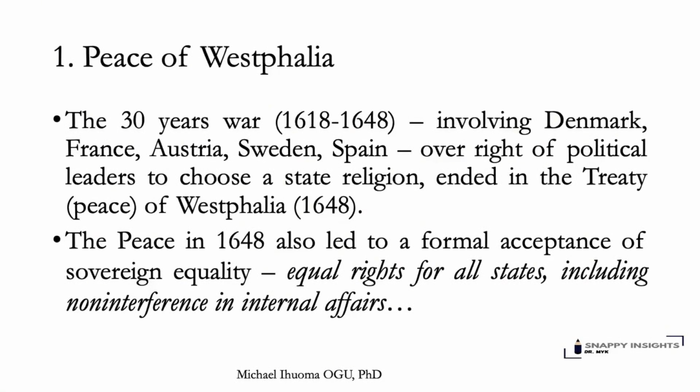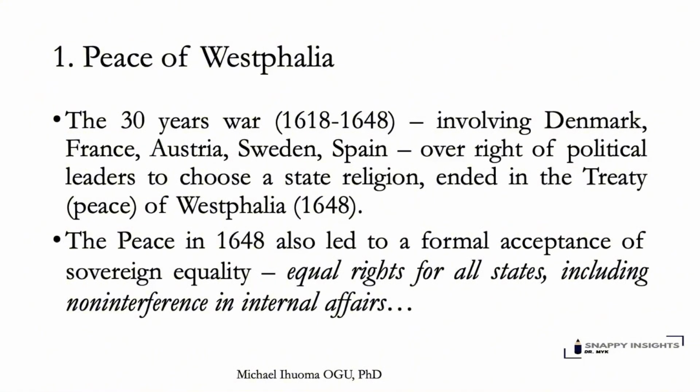So big and small states are seen in the international system as equal in principle, even though of course we know that in reality that perhaps can be argued. But in principle, states are supposed to be equal, and they are also seen as sovereign. So there shouldn't be any kind of interference in the internal affairs of those states by other states.